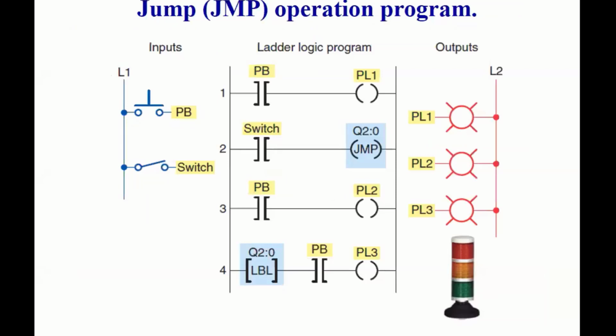All right, JMP operation program. In this case, when the switch is turned on, there's going to be a jump to Q20, and there's actually a label companion, label Q20, in conjunction with the jump instruction.